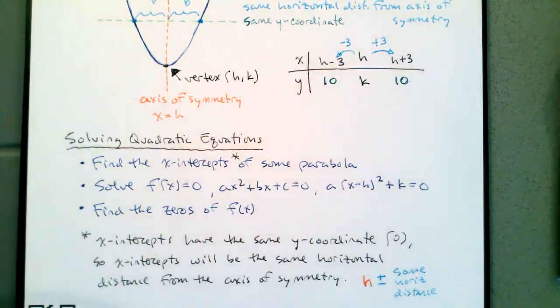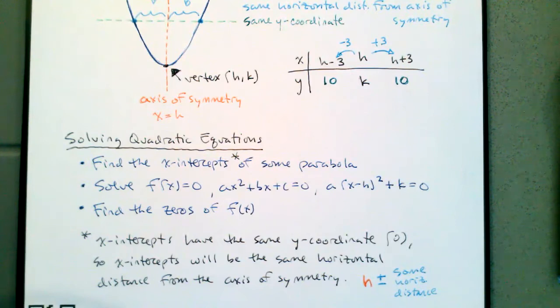For those of you thinking about the quadratic formula, that's the plus or minus. So the quadratic formula has a negative b plus or minus the square root of b squared minus 4ac, and then all that's over 2a. That plus or minus is the horizontal distance. In the middle, we have the axis of symmetry, h, which is negative b over 2a, and then it's plus or minus that horizontal distance, the square root of b squared minus 4ac all over 2a.